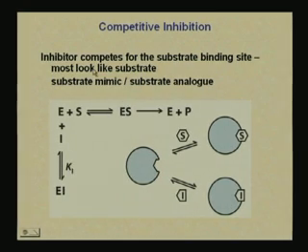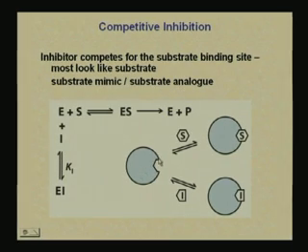So, the inhibitor competes for this site. It competes for the substrate binding site, and obviously therefore it must look like the substrate also. If it has to compete for the same site, since the active site is so specific, it has to look like the substrate, which is why it is also called a substrate mimic or a substrate analog.